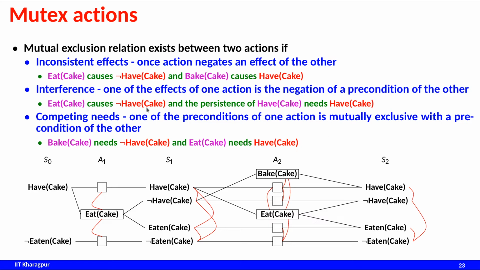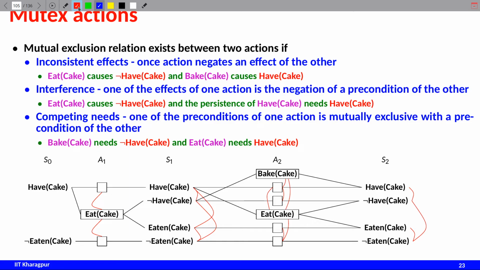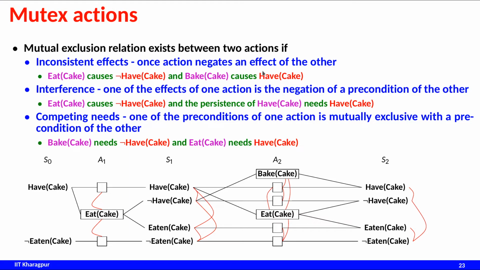A mutual exclusion relation exists between two actions if any one of these three conditions holds, which we have already seen. One is inconsistent effect, meaning one action negates an effect of the other.